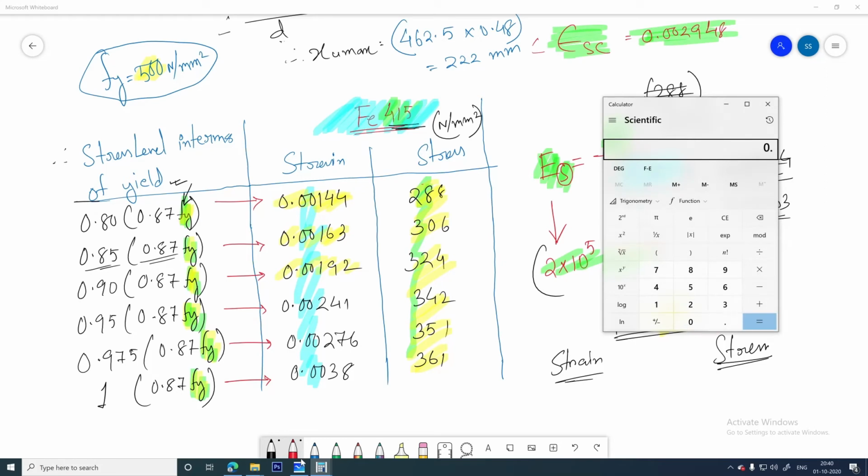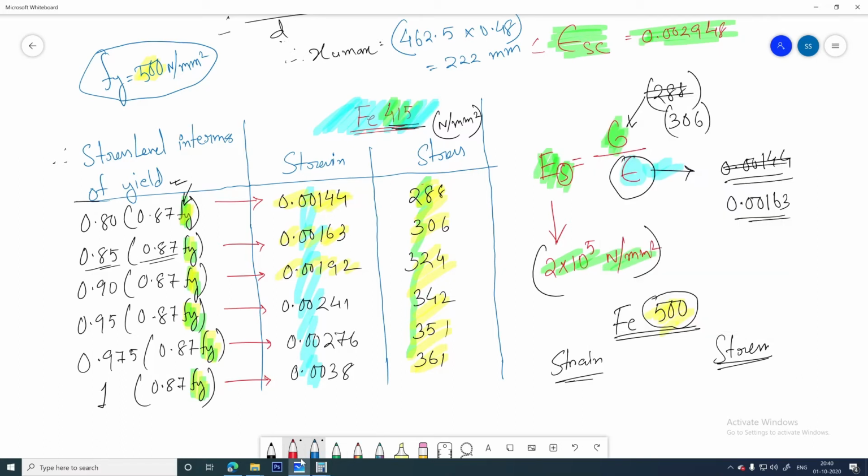So 0.8 into 0.87 into 500, and that gives you 348. So the value is 348 Newton per millimeter square. Now you can see here it is 348, here it is 288. So the values are different for Fe500. Similarly, the strain value will also be different. The strain value will be 348 by 2 into 10 to the power 5. So let us see what is the value.